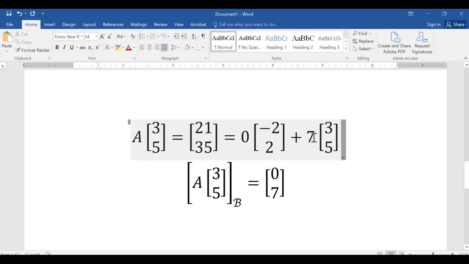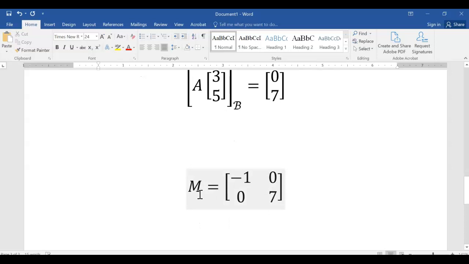This time, the eigenvalue is a 7. So A times 3, 5 is 21, 35, which is 7 times my vector 3, 5. So if I'm writing it as a linear combination of the two basis elements, it's 0 times the first vector plus 7 times 3, 5. So when I write my image with respect to basis B, it looks like 0, 7.